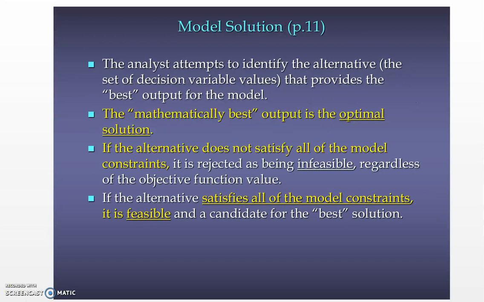Now, this is also really important when we think about solutions. The mathematically best solution in output is what we call the optimal solution. Secondly, if we have a choice where we can't satisfy all of the constraints, we refer to that as being infeasible, regardless of whether or not it gives us a value or a solution that is maybe desirable.